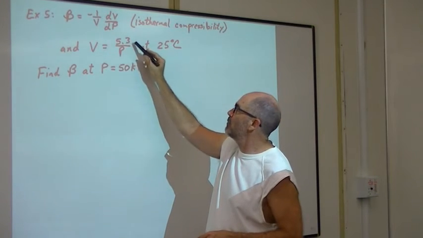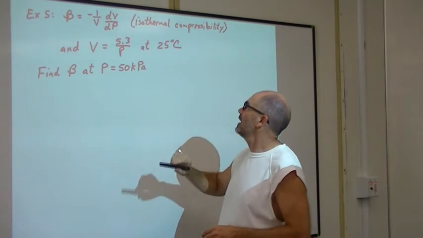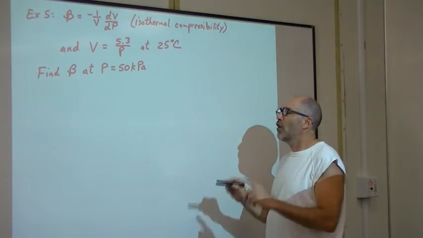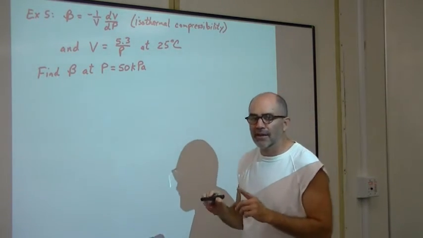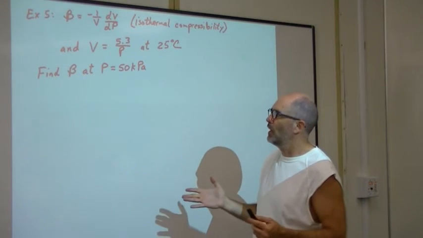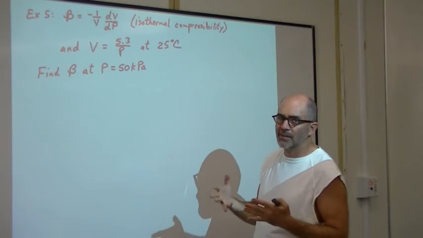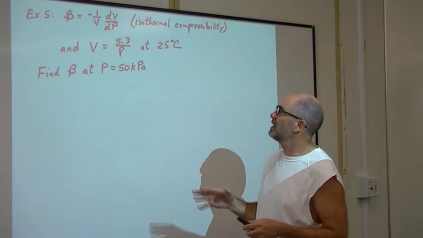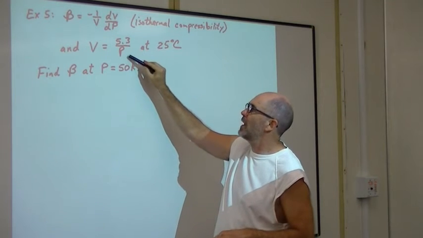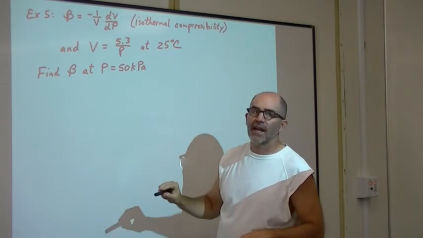And here's another relationship. Volume equals 5.3 over P. So what that tells us is volume and pressure are inversely proportional, which we basically already knew because PV is approximately nRT, which means as pressure goes up, volume goes down.